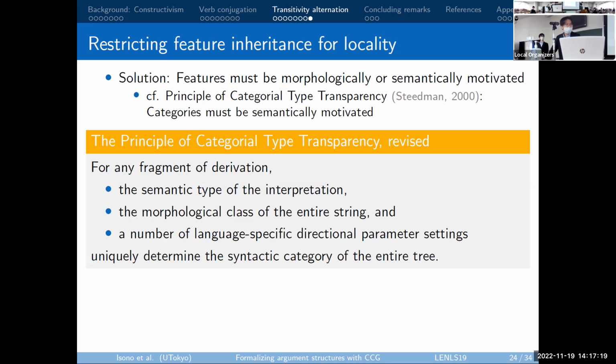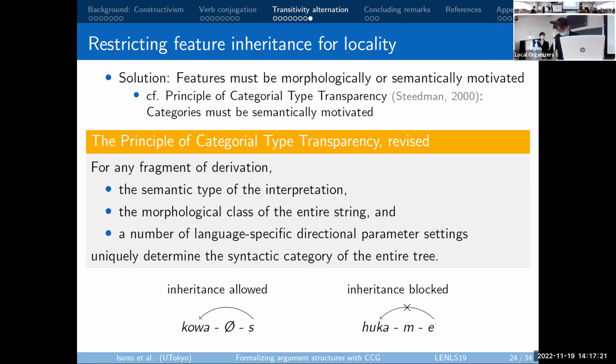This means that a morphologically null element can inherit the morphological feature of its daughter. For example, the feature of fuka can be inherited to the fuka plus null element because the second element is null. While when the second element is visible, for example, m, then the entire element is different from fuka, and therefore the feature of fuka cannot be inherited.